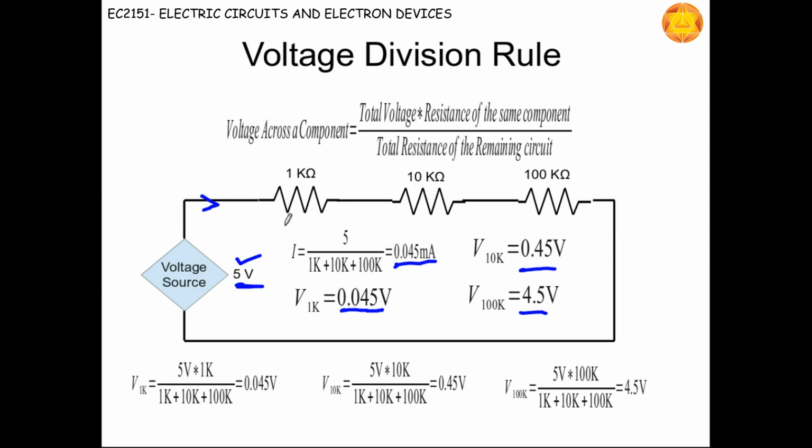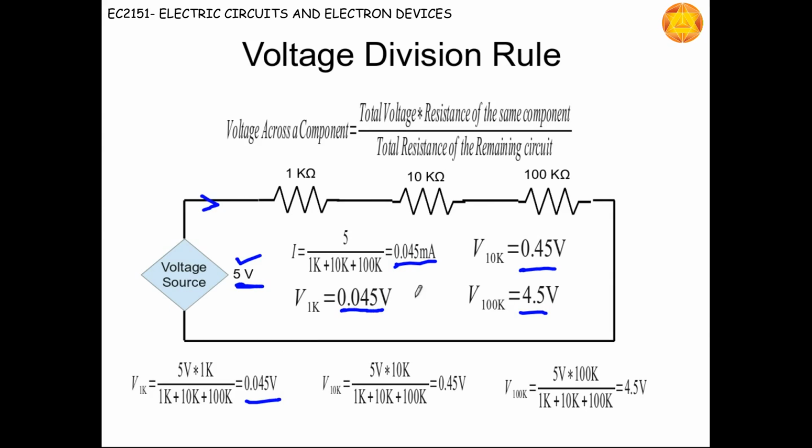So we are going to calculate the resistance on 1 kilo ohm. So the resistance 1 kilo ohm divided by the total resistance of the circuit, 1 kilo ohm plus 10 kilo ohm plus 100 kilo ohm. If we calculate it, we will end up with a value of 0.45, which is similar to 0.45.